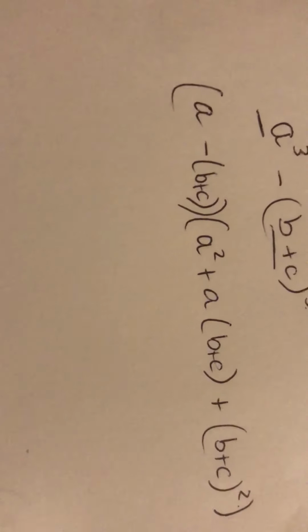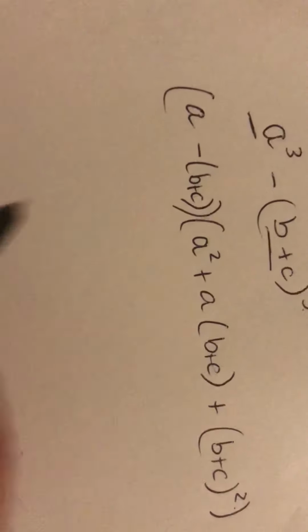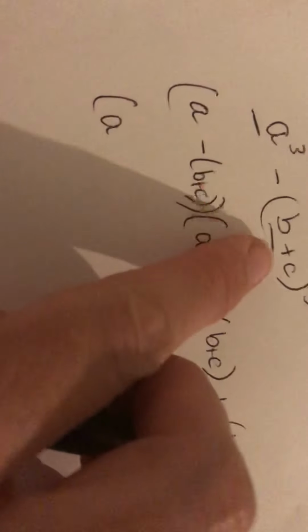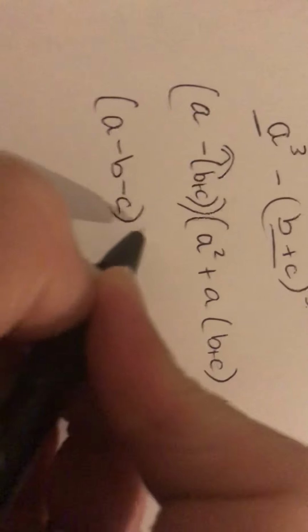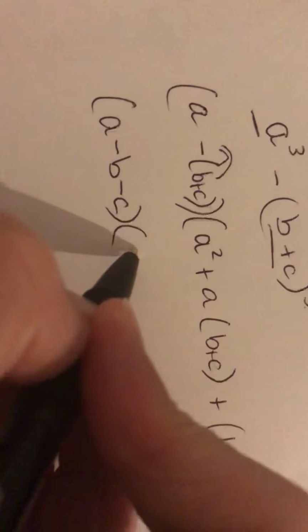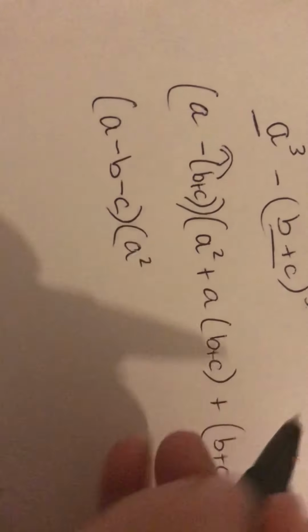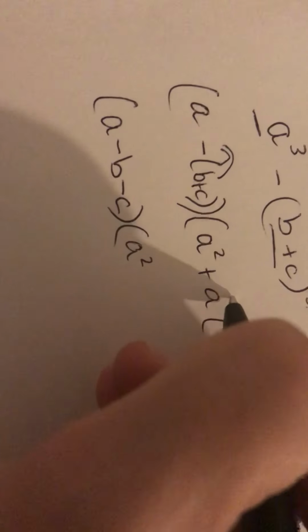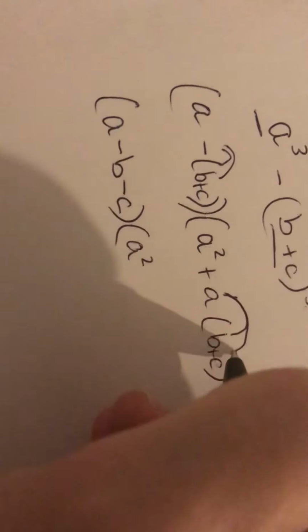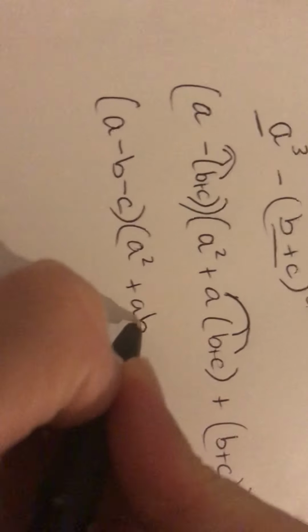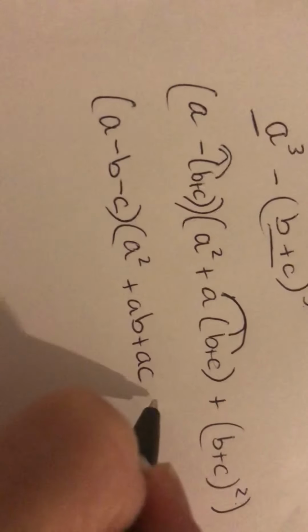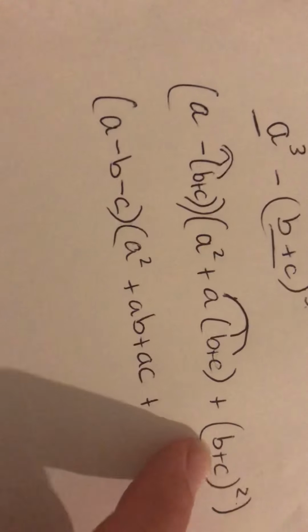That can be definitely cleaned up, that first bracket. I end up with a, that minus, so I'm subtracting all of this. So that leaves me with minus b minus c. Then a squared, and then we have bracket the first times the second, which is plus ab plus ac, plus the second squared.